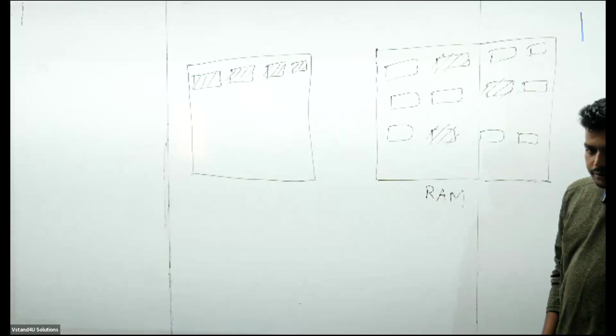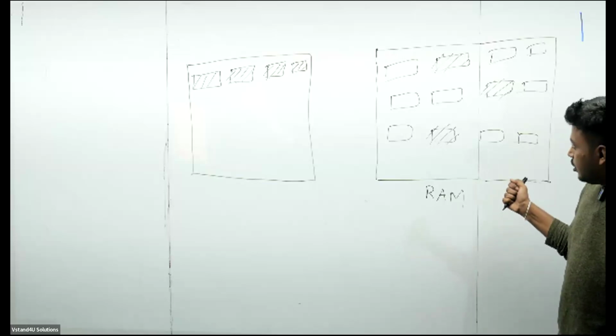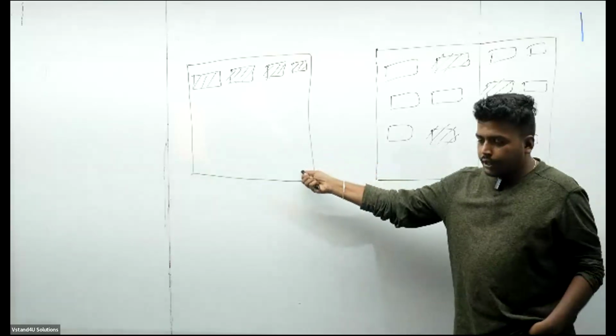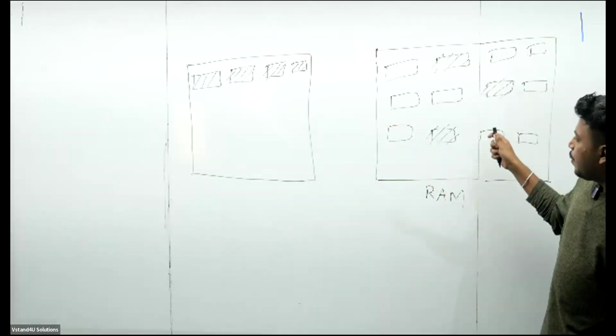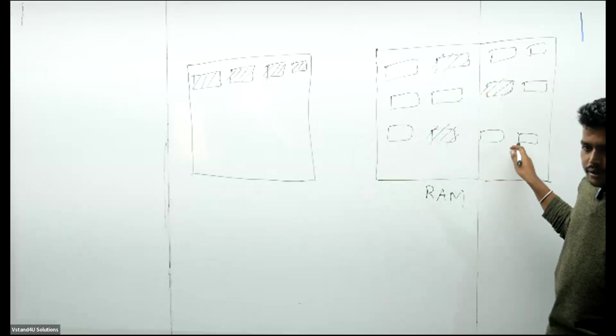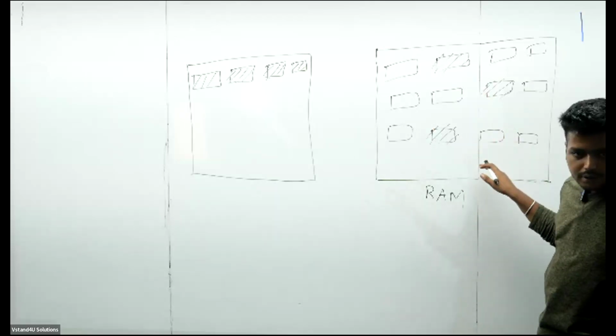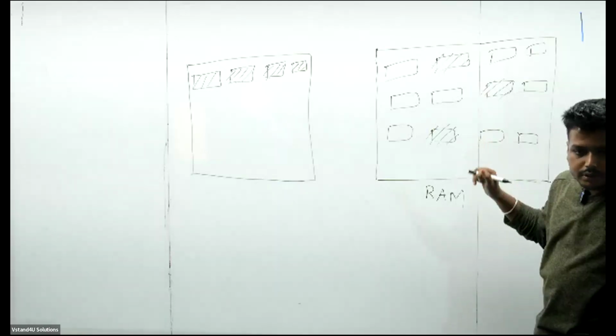If I open Notepad, it will allocate this area. If I use Java software, it will allocate this area. But an array will be stored in a continuous way. When I use multiple software, it will leave free spaces.